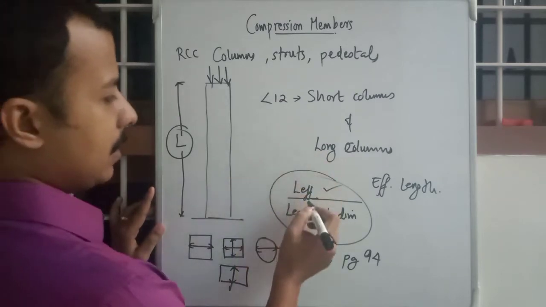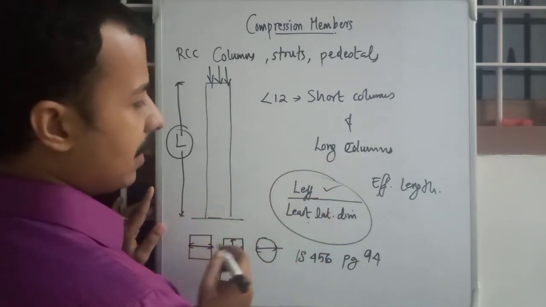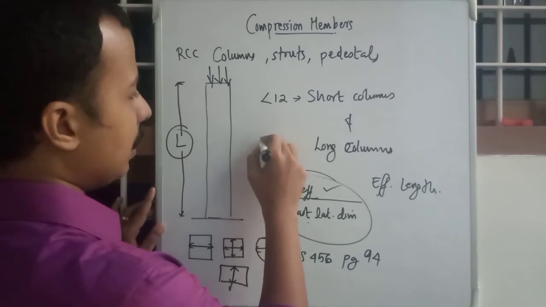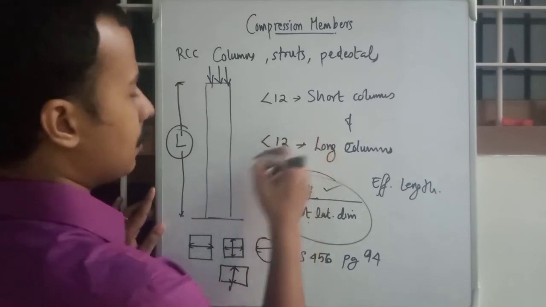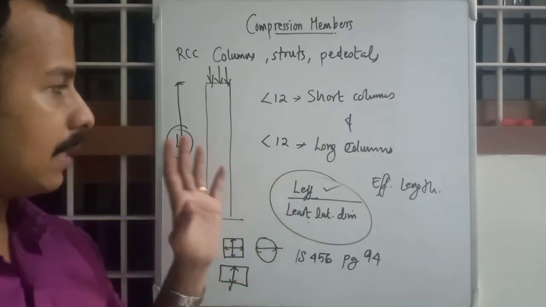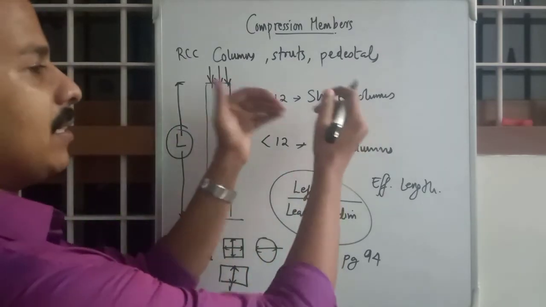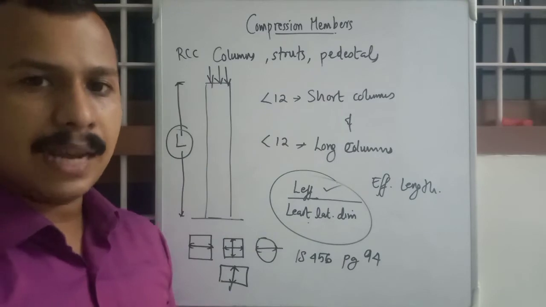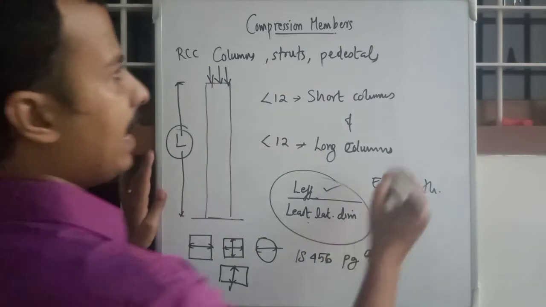And if L effective by least lateral dimension of a particular column is greater than 12, it is a long column.